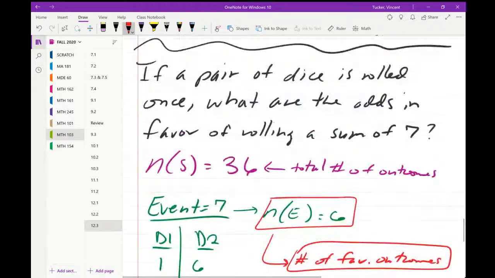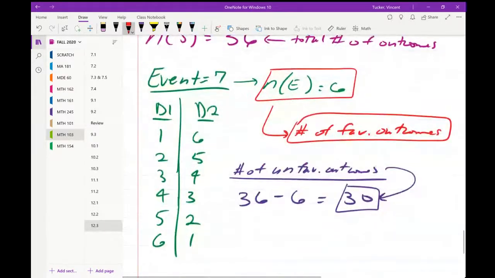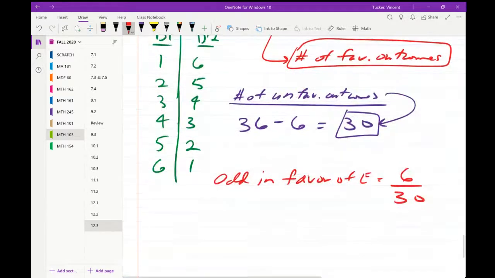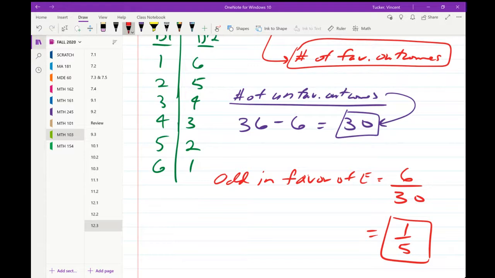We want to know the odds in favor. So what we'll do is take the number of favorable outcomes and place it over the number of unfavorable outcomes. That'd be 6 over 30, which reduces to 1 over 5. So odds in favor of rolling a 7 is 1 to 5.